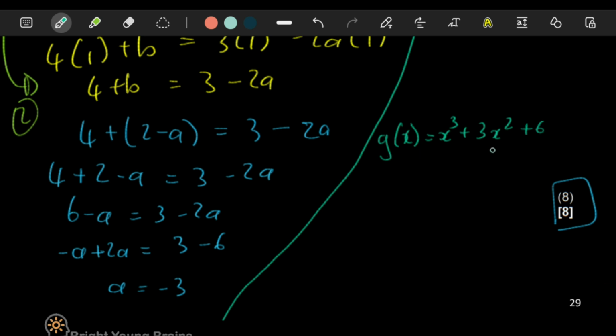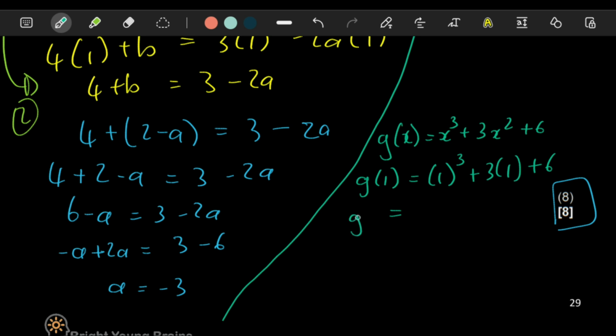So now here we have the equation of one graph. Here we're going to throw in an x value of 1 for us to find out what its y value is. 1 over there, 1 over there.